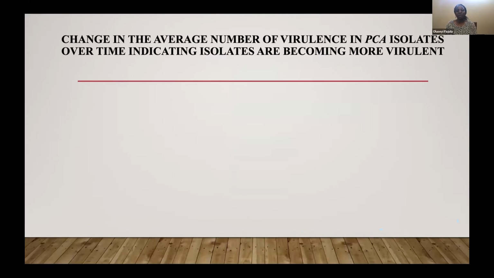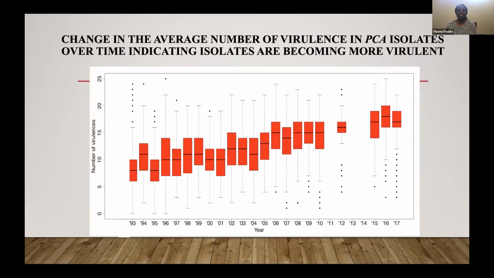Now let's talk about oats. On the screen is one of the results from our oat crown rust survey. The box plot is showing the virulence profile of isolates collected over 25 years on oat differential lines.